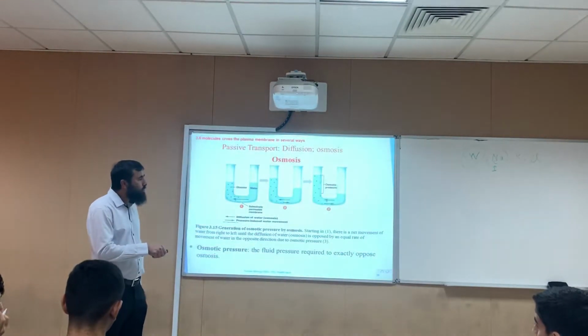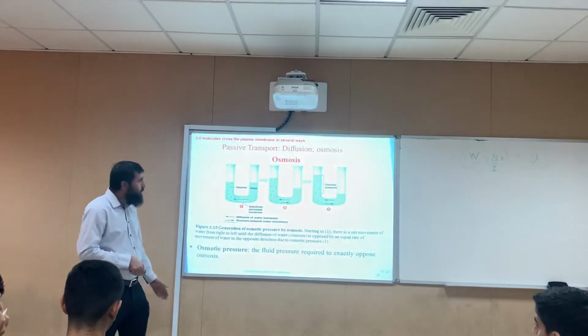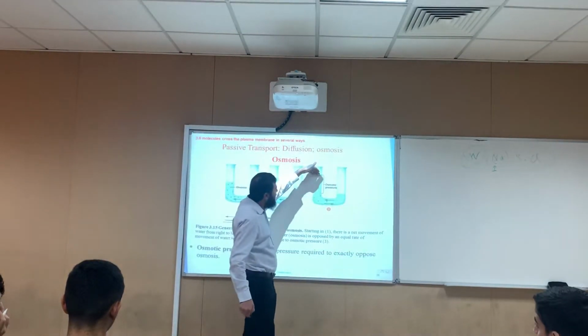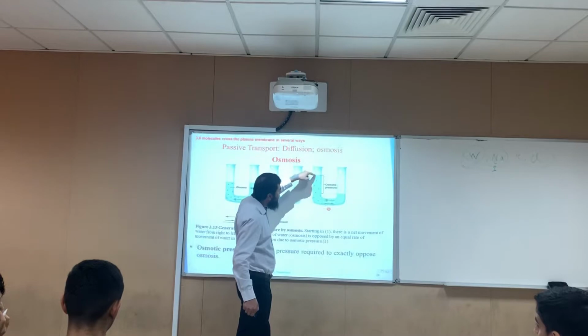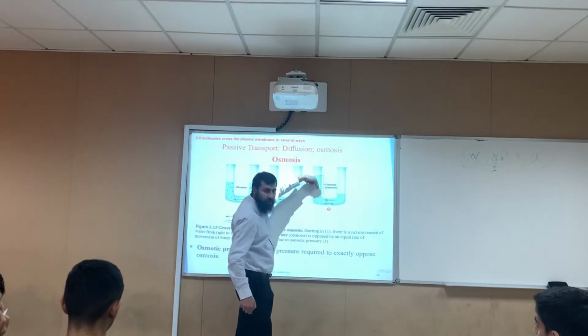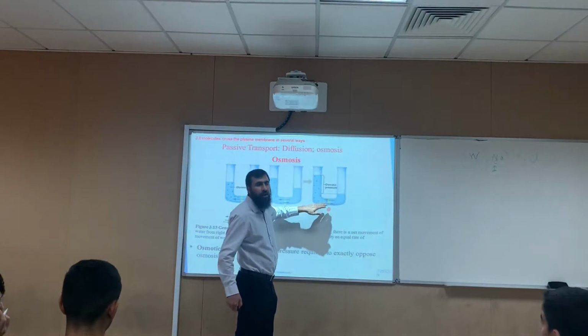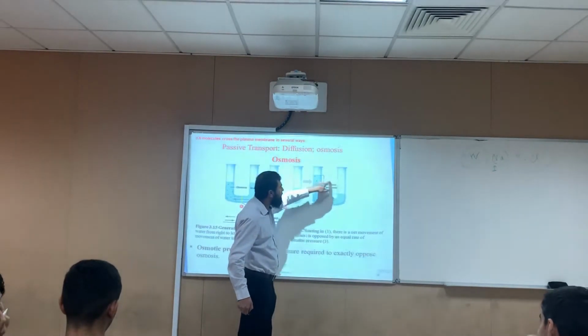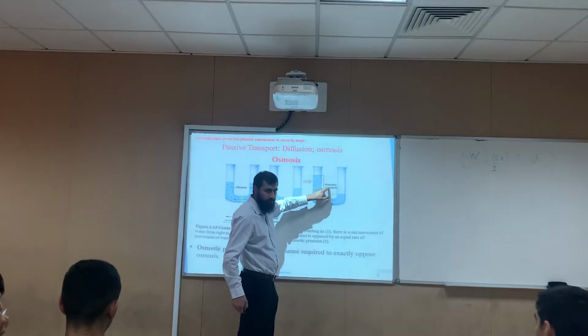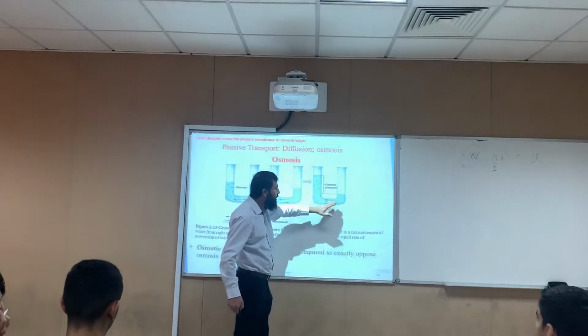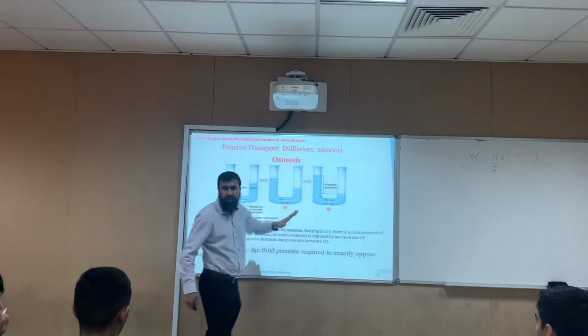So the osmotic pressure equals osmosis. You see this water level? It's having a force downwards. This force equals the osmosis. So this is called the osmotic pressure. When those two are equal, the net movement of water stops. It'll reach equilibrium, okay?